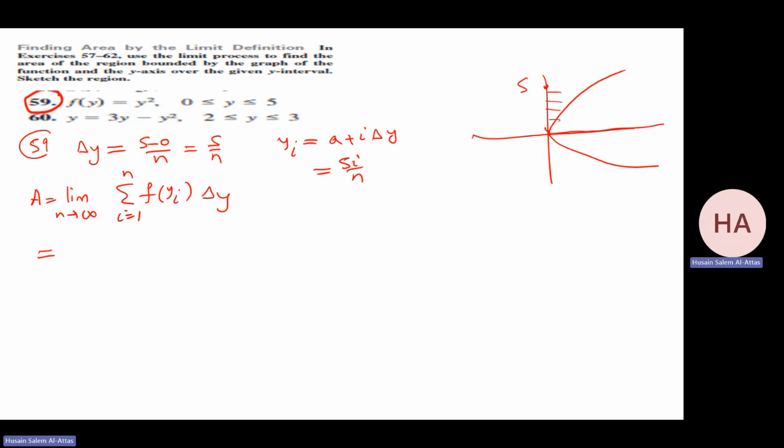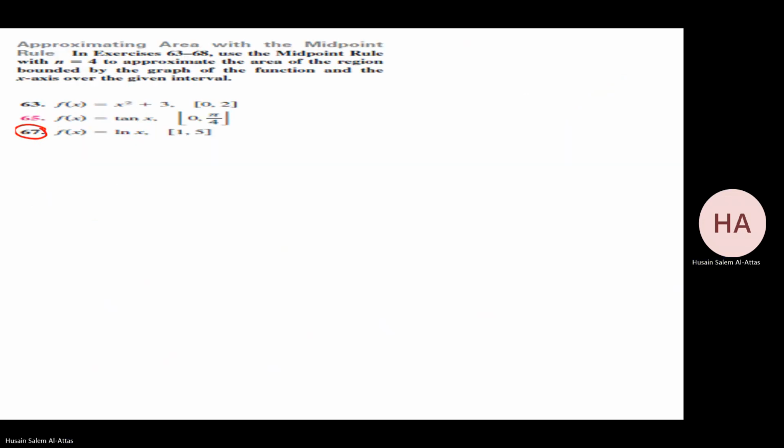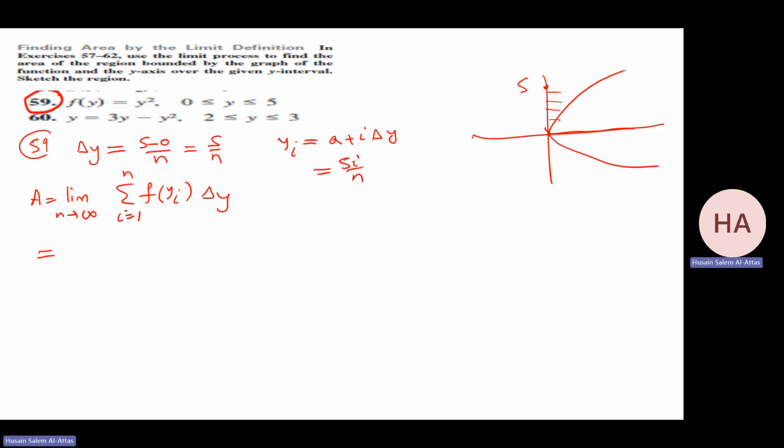That gives me the limit as n goes to infinity of this summation, which is delta y, 5 over n, times summation i equal 1 to n of 5i over n squared, which is the limit as n goes to infinity of 5 over n of summation i equal 1 to n of 25 over n squared i squared.